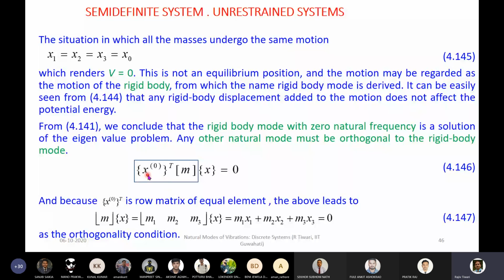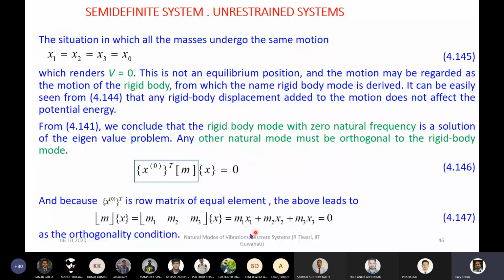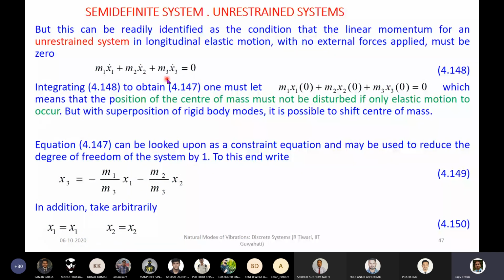If we differentiate the previous equation with respect to time, it can be expressed like this, which represents that the linear momentum for such an unconstrained system, having longitudinal elastic motion with no external force applied, must be 0.